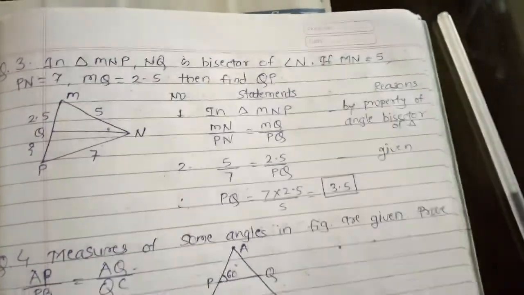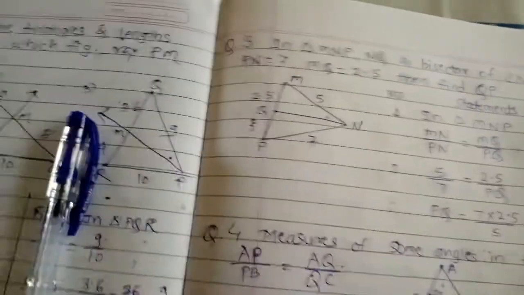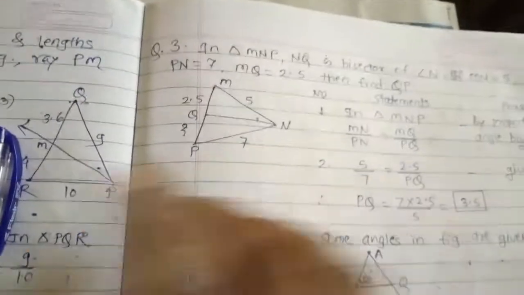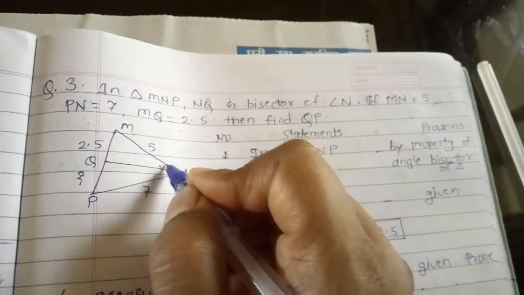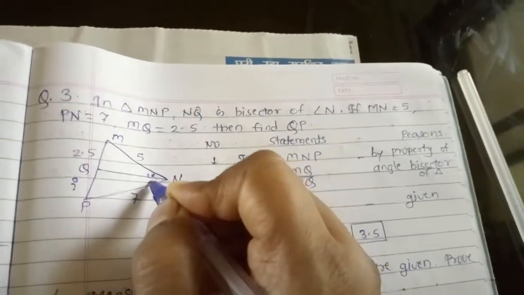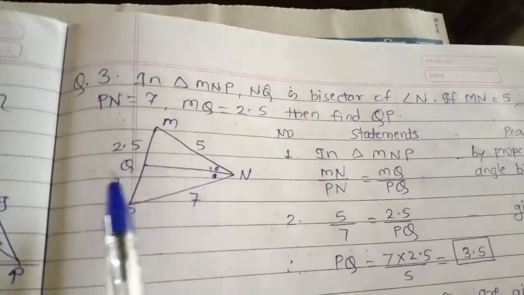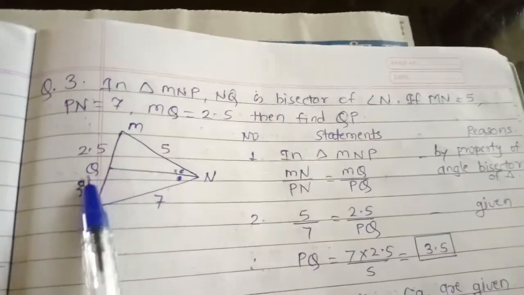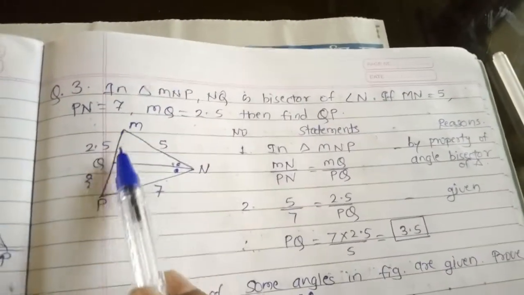And here we are clearly given that NQ is the bisector of angle MNP. Bisector means these two angles are the same. Since it is a bisector, you know that MN upon NP is equal to MQ upon QP.